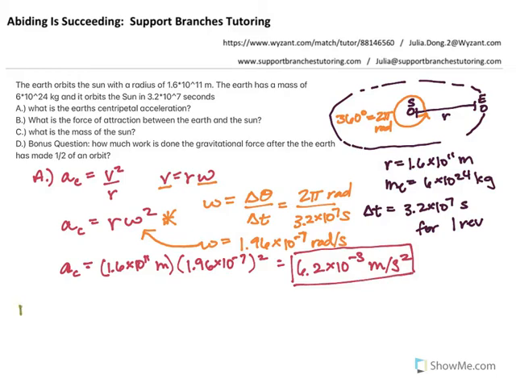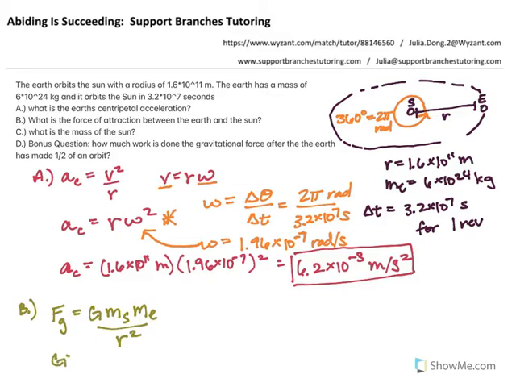So let's take a look at part B. It says, what is the force of attraction between the Earth and the Sun? So this is really asking about the universal law of gravitation. And we know that the force between two masses, which we can think of as the force of gravity here, equals G, which is a constant, times the mass of object 1, which we could think of as the Sun, times the mass of object 2, which we can think of as the Earth, divided by the distance or the radius between these two squared.